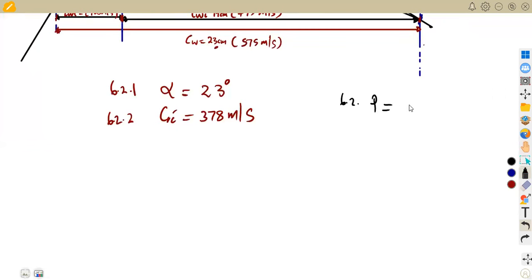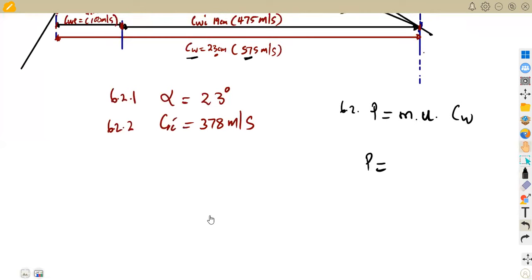Power is given as the mass in kg per second, times the blade velocity, times the wheel velocity. On our diagram we've measured the wheel velocity, we have 575, and the mass we have. So everything we have here.